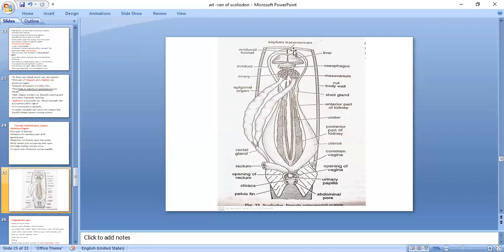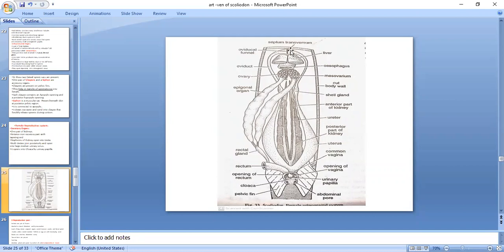The oviduct is generally called the Mullerian duct, after the scientist who identified it, Muller. So these are known as Muller's ducts. The middle part of the Muller's duct is a little bit bulged, and that is called the shell gland, which secretes a kind of thin membrane surrounding the eggs.